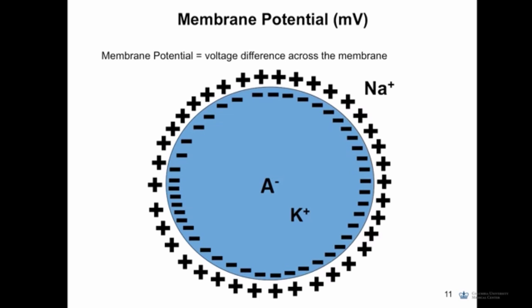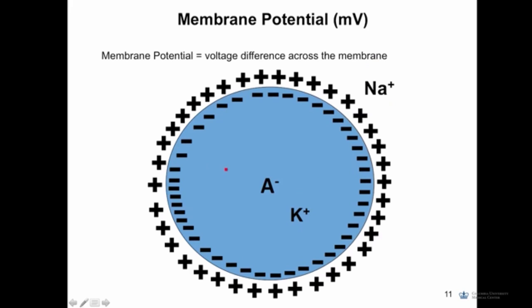So we talked about how there's a different composition of ions and other particles in the intracellular fluid compared to the extracellular fluid. And one of the most important differences between inside and outside of the cell is the concentrations of sodium versus potassium. So we did talk about how there's a greater concentration of sodium outside the cell and a greater concentration of potassium inside the cell.